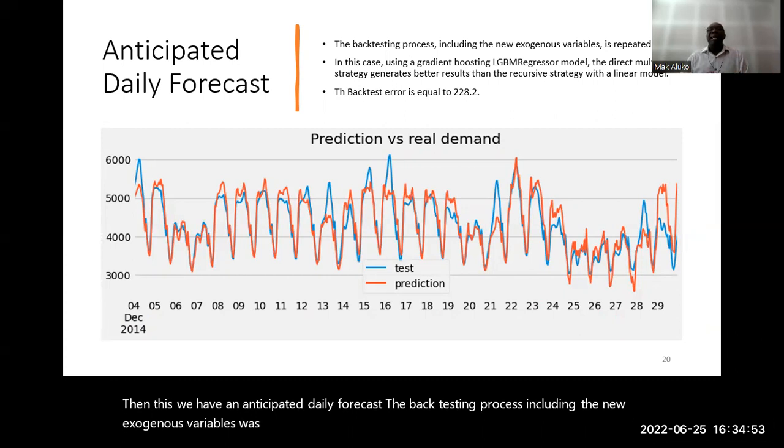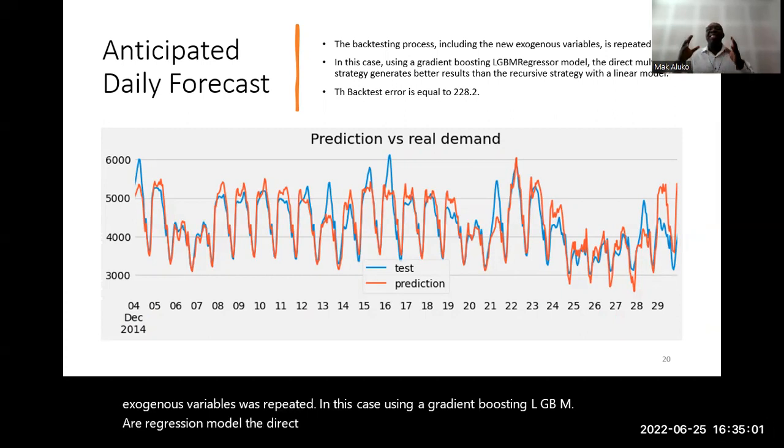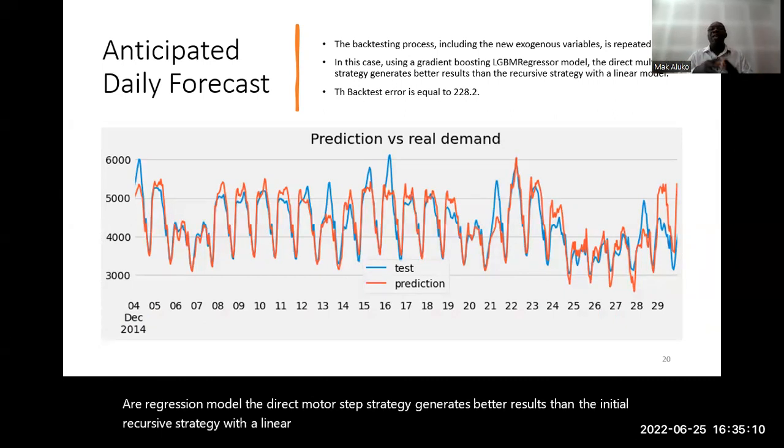In this case, using a gradient boosting LGBM regressor model, the direct multi-step strategy generates better results than the initial recursive strategy with a linear model. The backtest error is equal to 228.2.